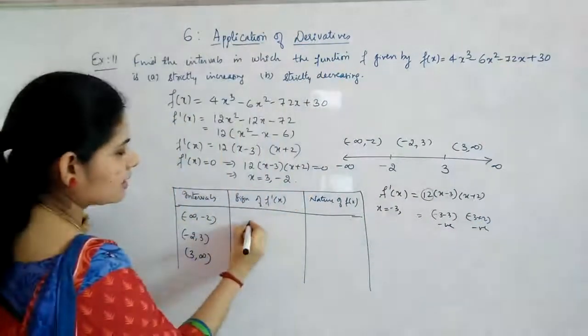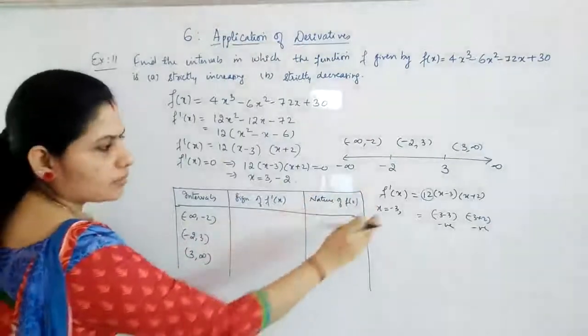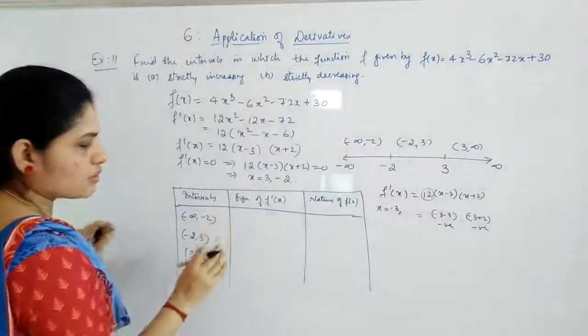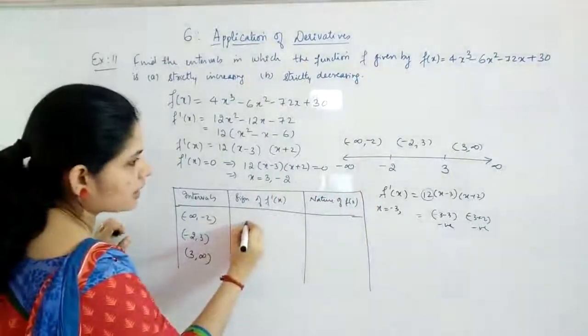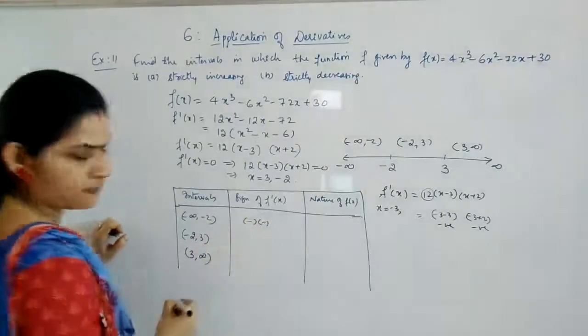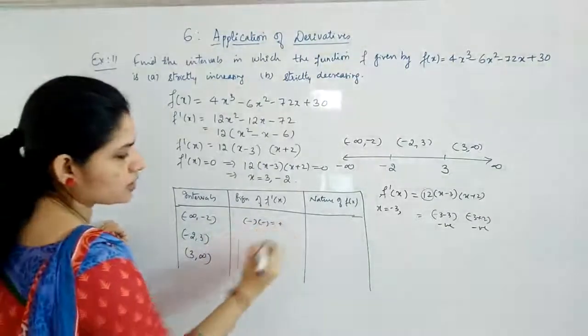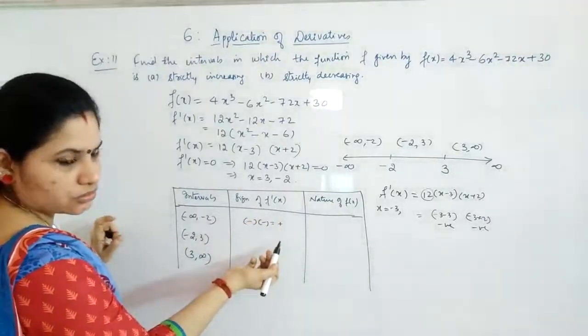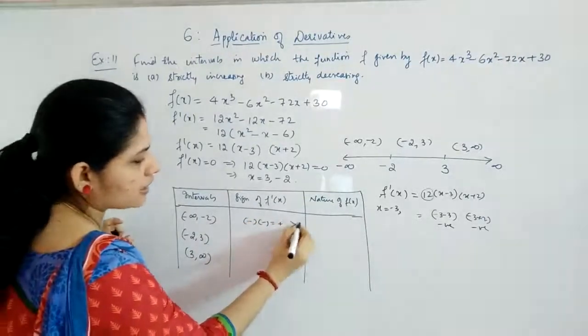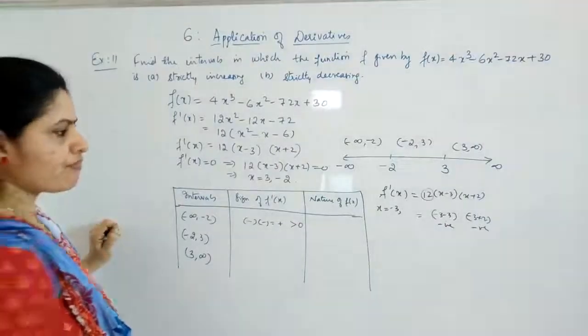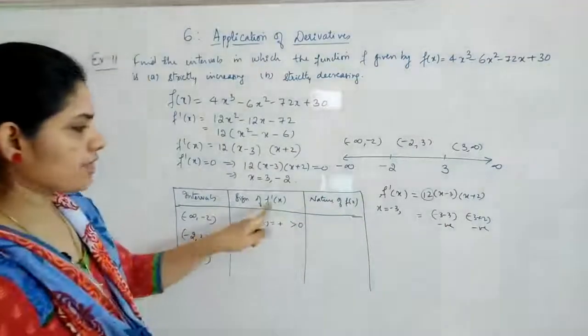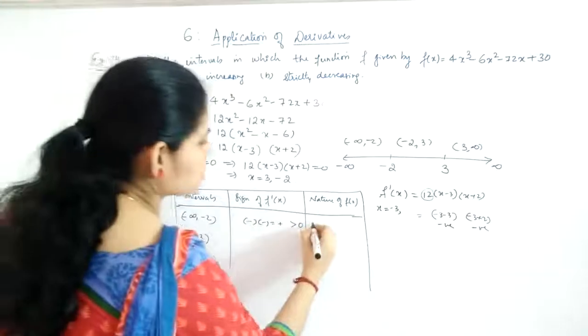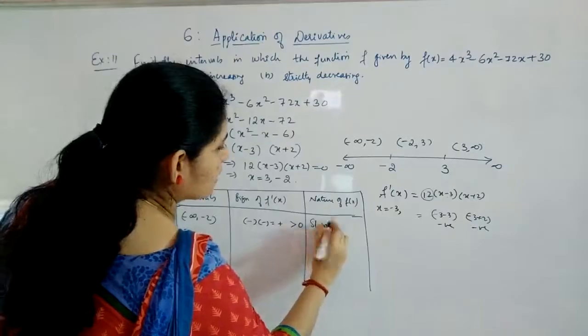You need not take 12 because it is always positive, whatever value you substitute for x. So you can write negative into negative, which gives positive. Positive means the sign is greater than 0. Understood? So f dash of x is greater than 0 here. And what will be the nature then? If f dash of x is greater than 0, the function is strictly increasing.